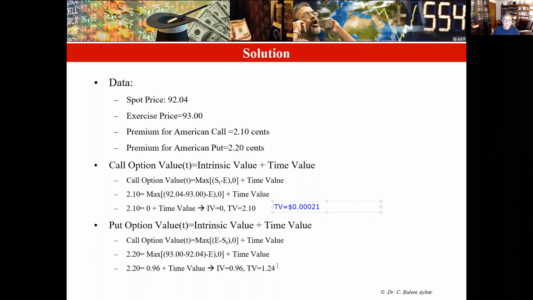In the put case, again, the time value is 124, so the time value is equal to $0.00124 in this particular case, okay? So this part, 0.96, is the intrinsic value, and the remaining part, 124, is the time value.